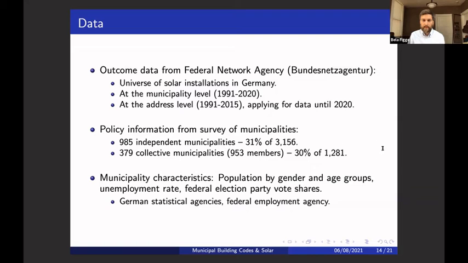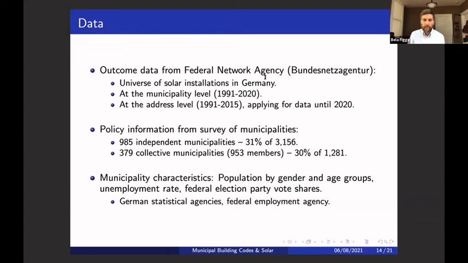The key here is that we asked them to supply us with the documents and information on when a certain type of policy was implemented and if it was ever phased out at a certain point. So we construct a panel data set from this survey and the outcome data on the solar installations and the capacity from the Federal Network Agency.